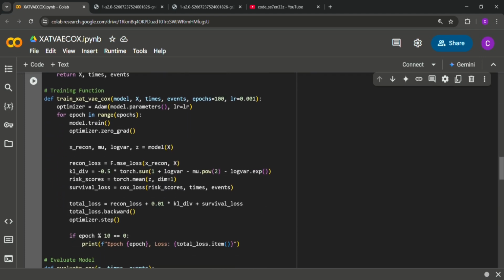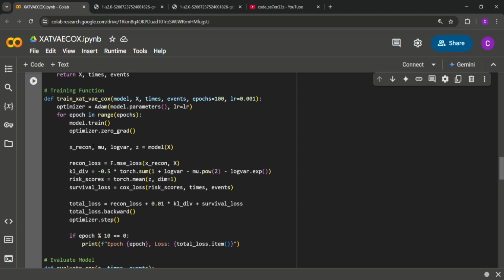Training function. Optimizer: Adam is used for learning. Training loop: for epoch in range of epochs, run the training process for a set number of epochs. Forward pass: reconstructed input from the decoder, latent space parameters for the VAE, and Z, the latent representation. Losses: reconstruction loss measures how well the decoder reconstructs the input features.